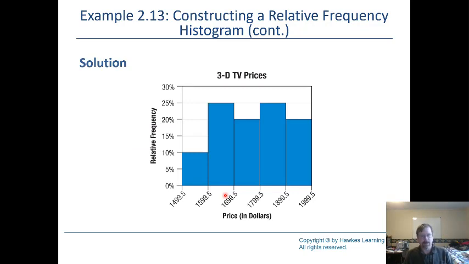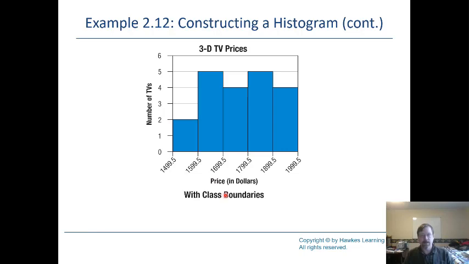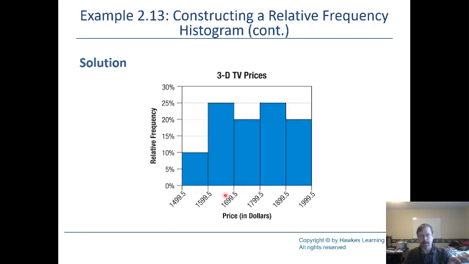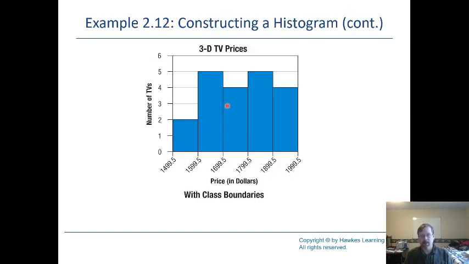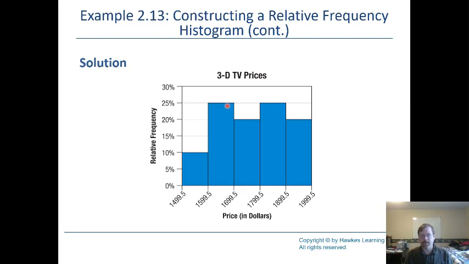If we flip back a few slides, you can see that looks the same as that. If you weren't looking closely, or paying attention to notice that my y-axis has changed, you might think they're the exact same graph. And that's the way it should be with the frequency versus relative frequency histograms. They should look the same.